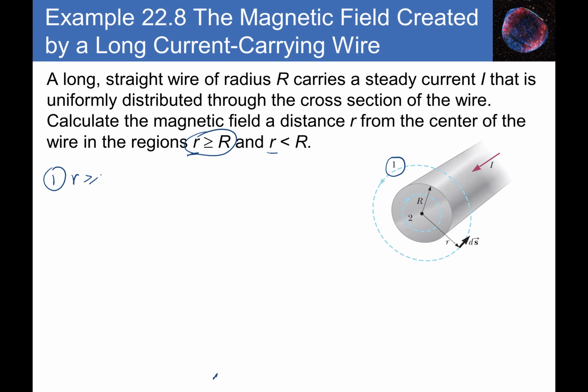I choose a loop that is concentric to the wire. If I'm looking at it head on, let's say here's my wire with the radius r, and then this is my loop, and my loop has a radius r like that.